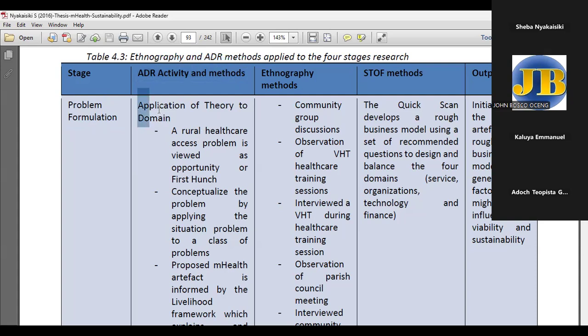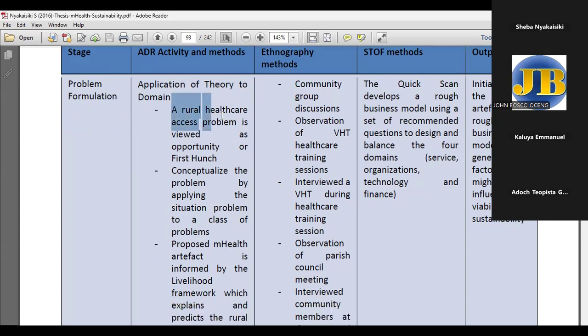So I said in this stage, I'm going to apply theory from the domains, application of theory to domain. So here I said I was going to look at rural healthcare access problem as viewed as an opportunity or first hunch.